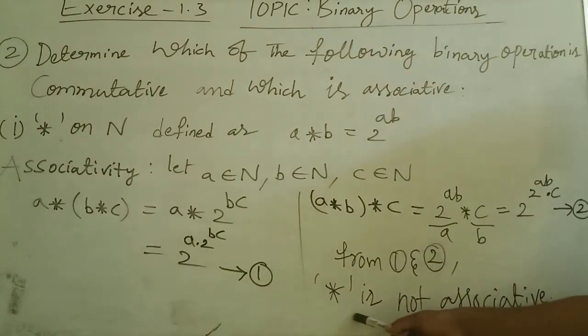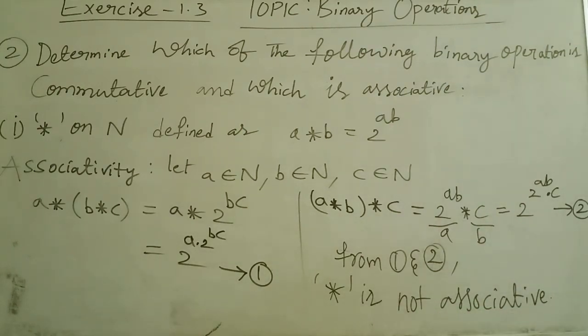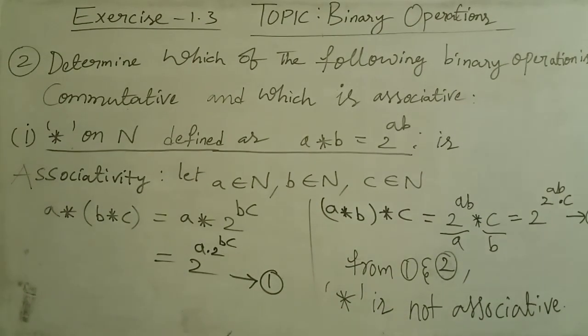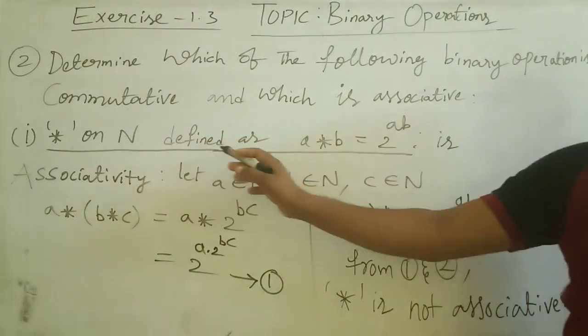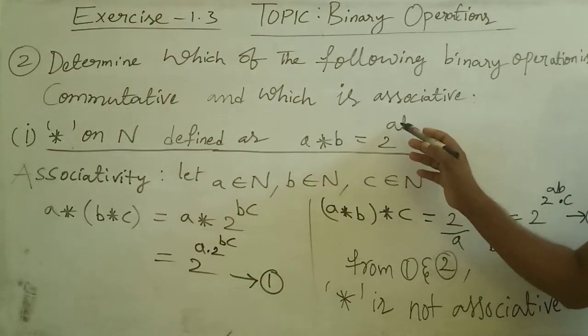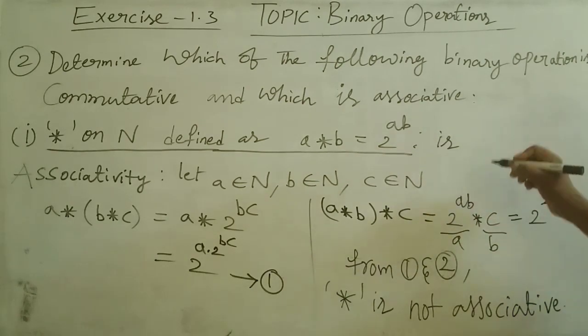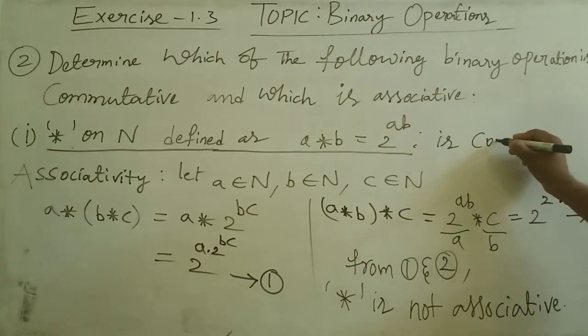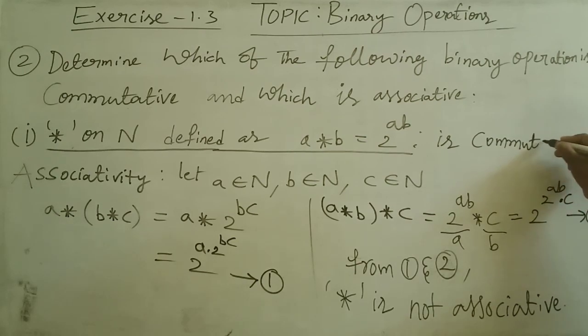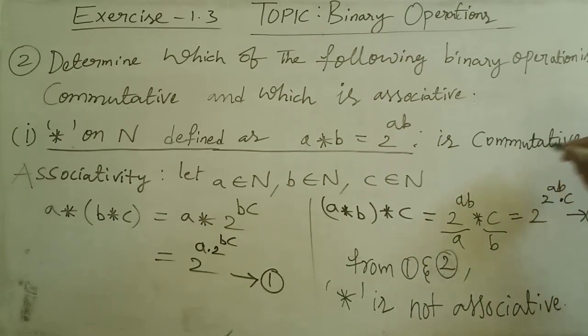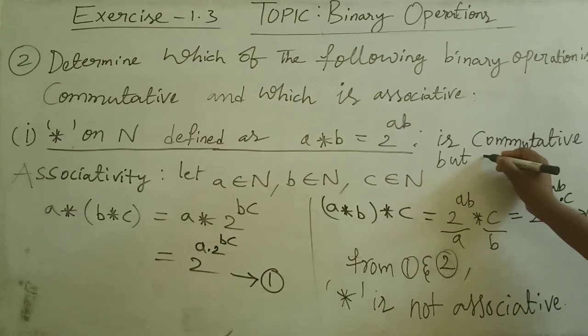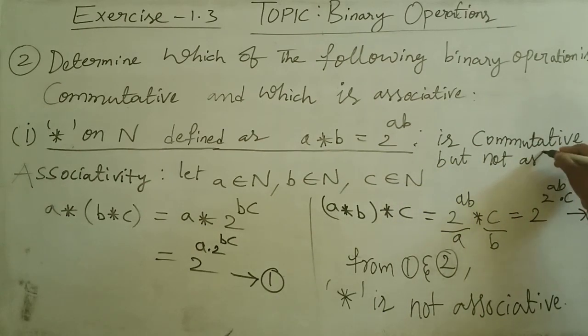If star is not associative, then star on N defined as A star B is equal to 2 power AB is commutative but not associative.